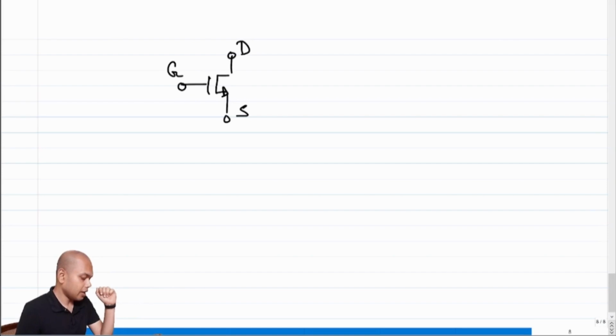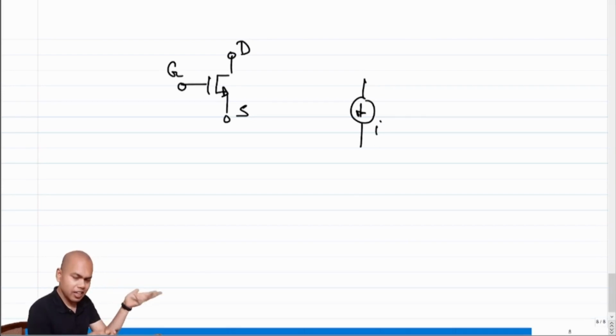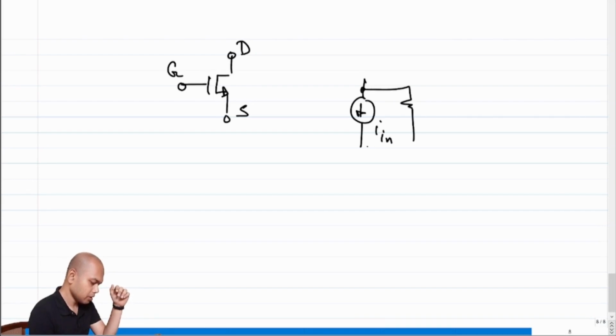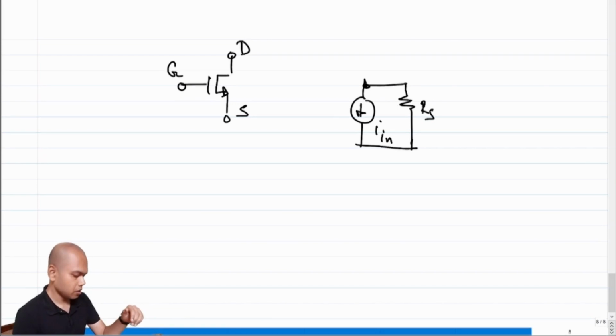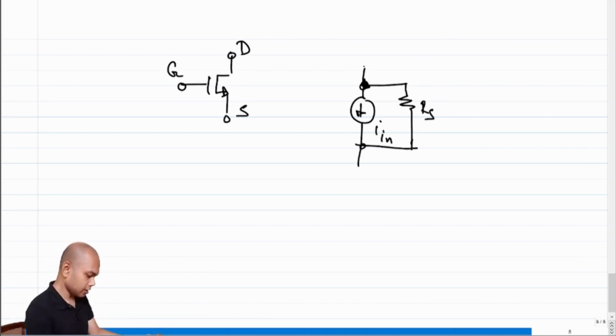So let's say I have a non-ideal incremental current source, i_n, with an internal resistance Rs, and these are the two ports coming out of the current source.